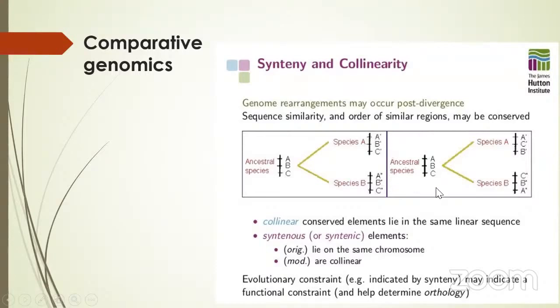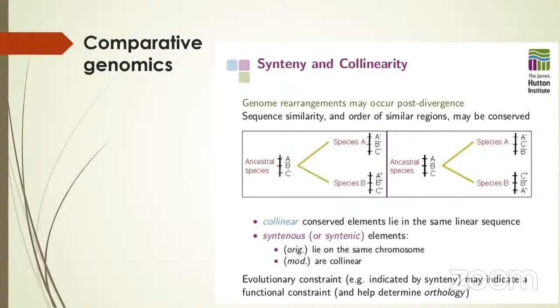Or there may be a condition that not only the sequence has changed, but the order also has changed. See, it is ABC, now it became ACB, or in another species CBA. So there are two conditions: whether gene order and sequence both are changed, or whether only the sequence has changed.